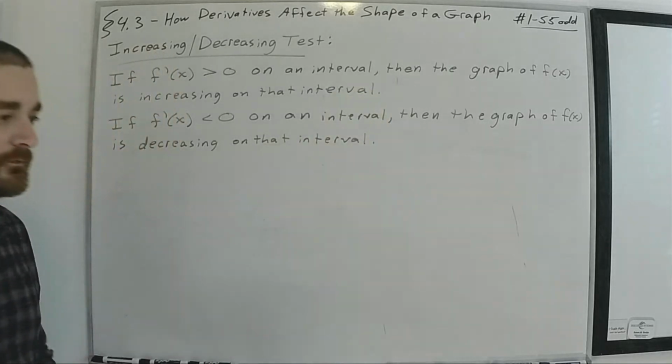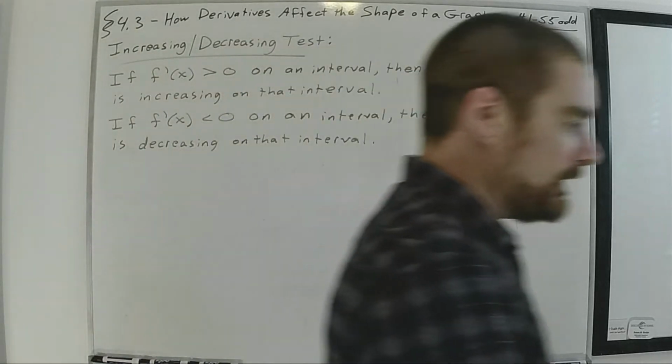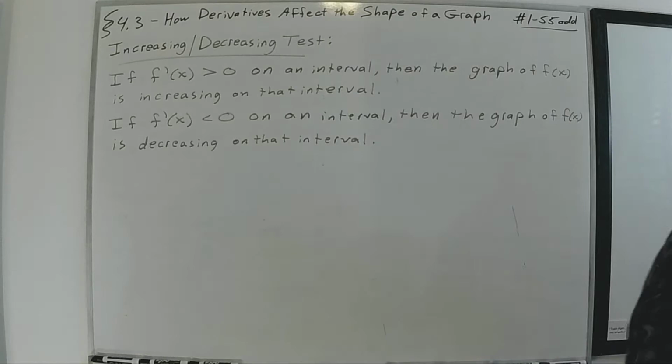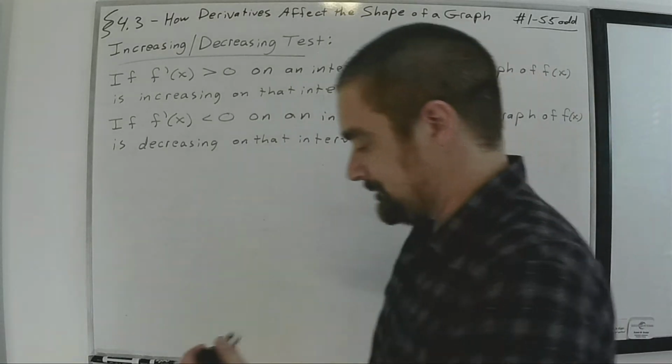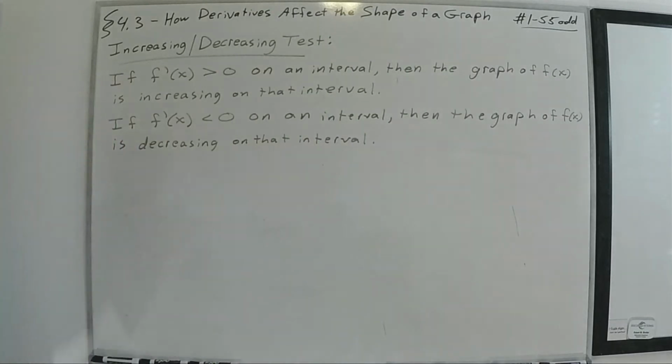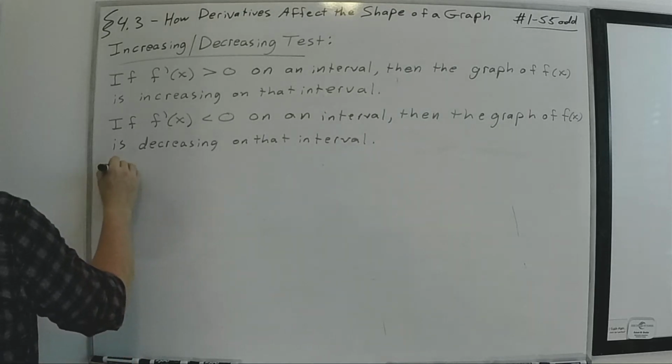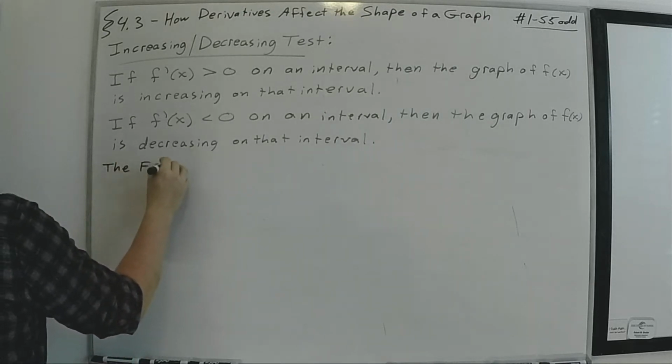All right, so we know these two things already, but just to reiterate them a little bit further. So this leads us to design what we call in the math world the first derivative test.